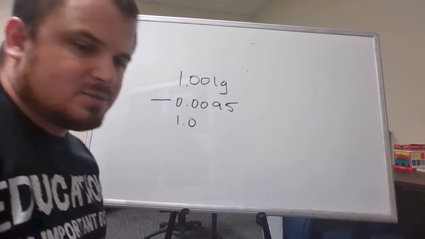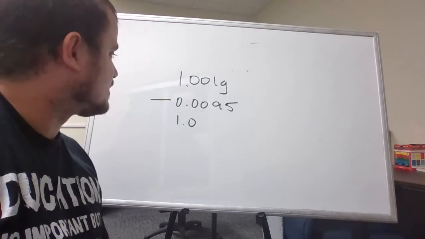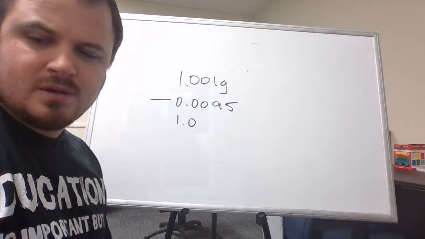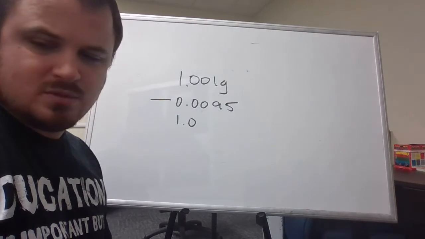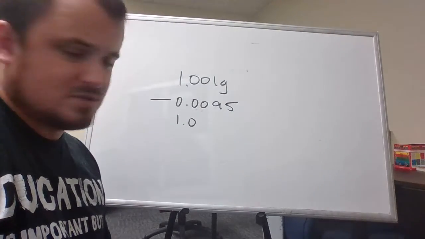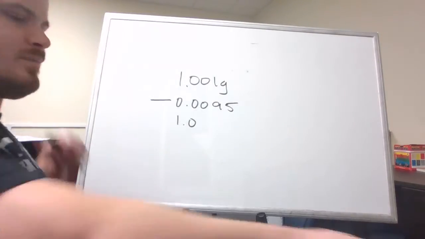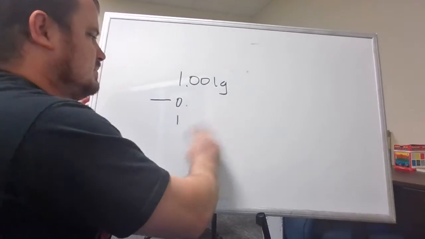You know what? It's been a long day. I'm tired, and I don't want to mess this up. Let me just punch in the calculator. 1.001 minus 0.0095. Okay. So, yeah, I was about to totally mess it up.